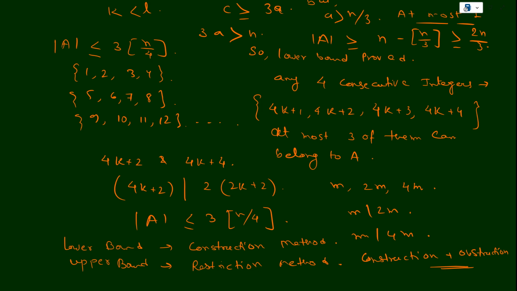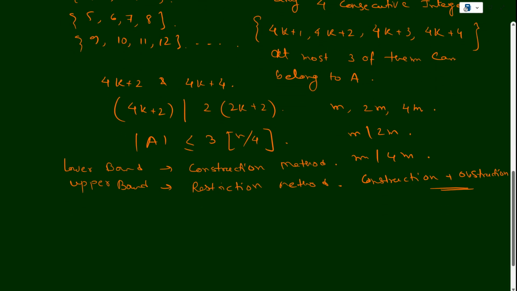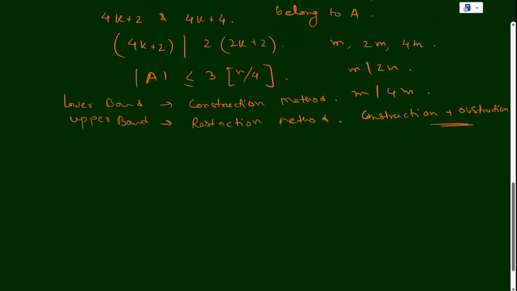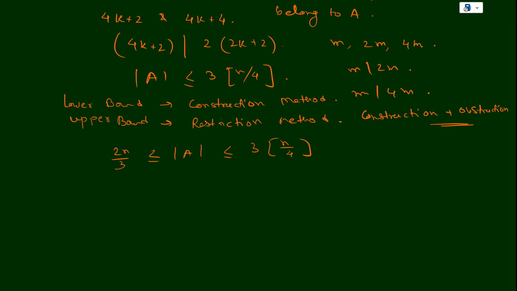Now, so today we proved what? 2n by 3 is less than or equal to mod of A, less than or equal to 3 into n by 4, using two different weapons. Lower bound weapon: take all numbers greater than n by 3 and show they are legal.